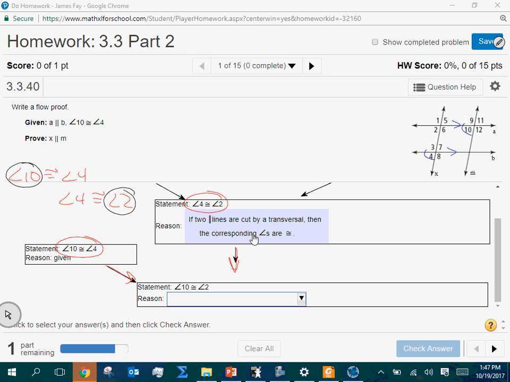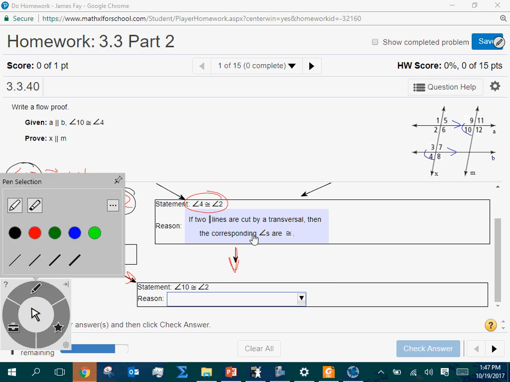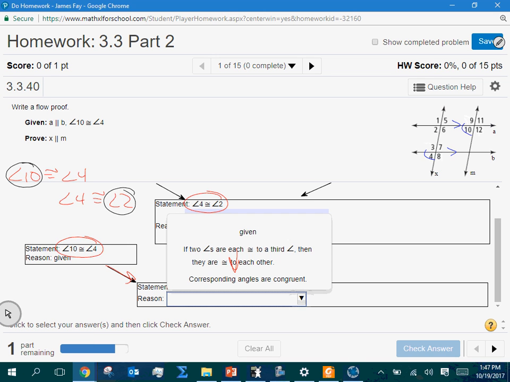So that's the transitive property, but when we click on the options, it doesn't give us that option, right? Okay, so it's given. The last one says corresponding angles are congruent. Those aren't the ones I want to choose. But the middle one says if two angles are each congruent to a third angle, then they are congruent to each other.